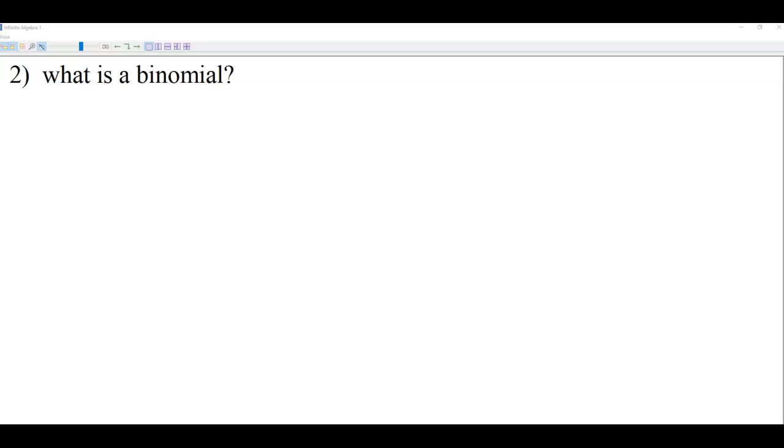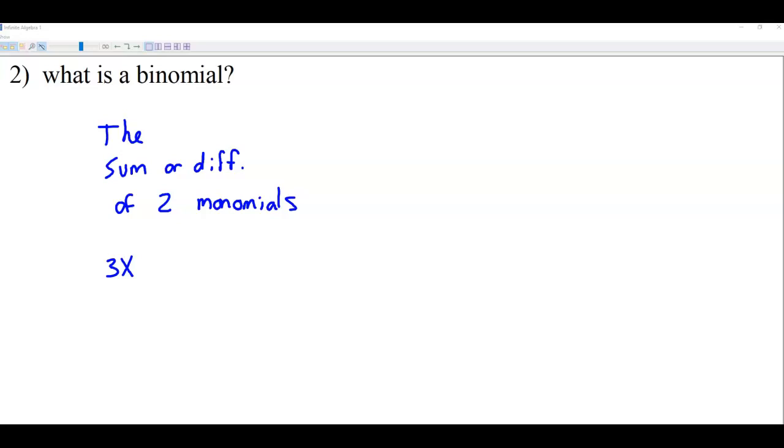Just a couple of vocabulary checks to begin with here. So what's a binomial? A binomial is the sum or difference of two monomials. From number 1 you saw that a monomial is a number and a variable, or a variable, put together.